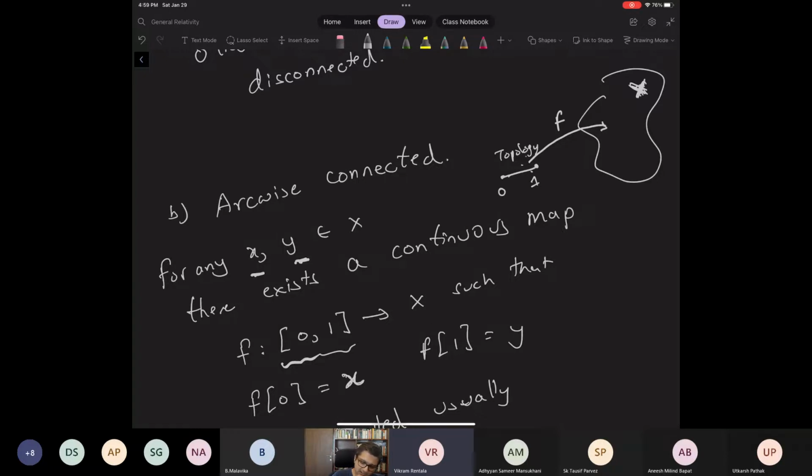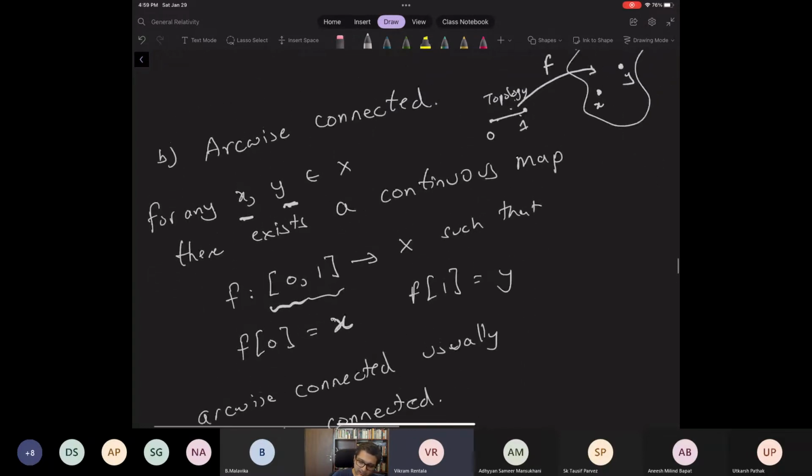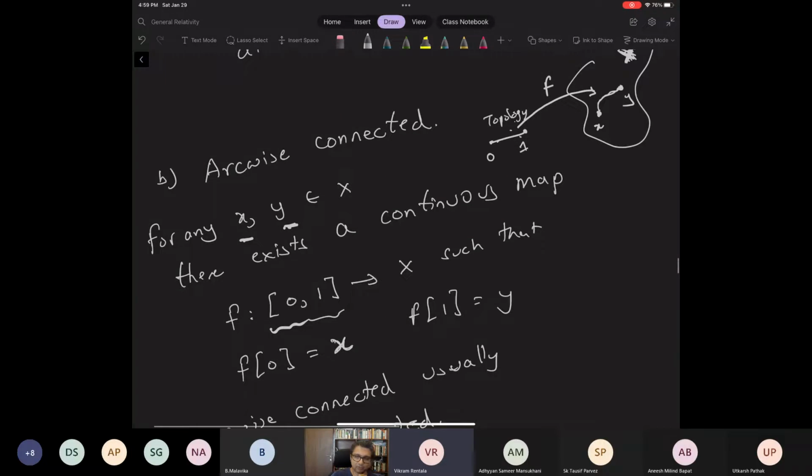Remember that you have to choose two points x, y belonging to the topological space X, such that 0 maps to x, 1 maps to y, and if this map is continuous, then you've basically drawn a curve in the topological space from x to y.